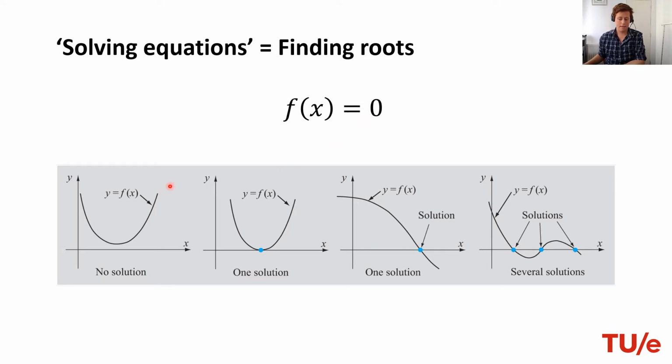This can be easily seen on this graph: there is no x for which the function crosses the x-axis, for which this equation would be fulfilled. It's also possible that there is one and only one solution, as for instance in these two examples over here. But it's also possible that there are several solutions in nonlinear equations for which a function of a single variable is equal to 0.